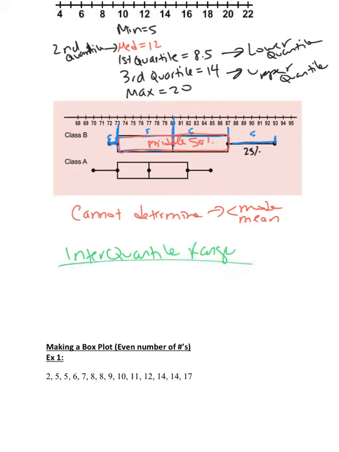You guys have learned in the past that range is the highest minus the lowest score. If you want to know how spread out data is, you take the highest score and subtract the lowest score, and that's called the range. Well, the interquartile range takes the third quartile and the first quartile and subtracts them. So in Class B, I would take 87 minus 73.